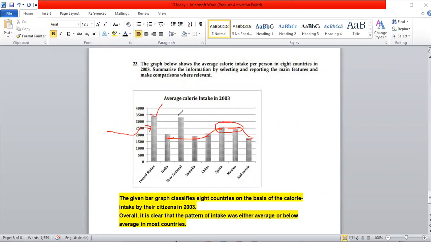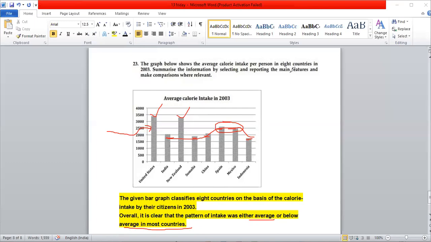Only two countries are above average, the USA and New Zealand. So this is the picture: it was either average or below average in most countries. That is the overview.